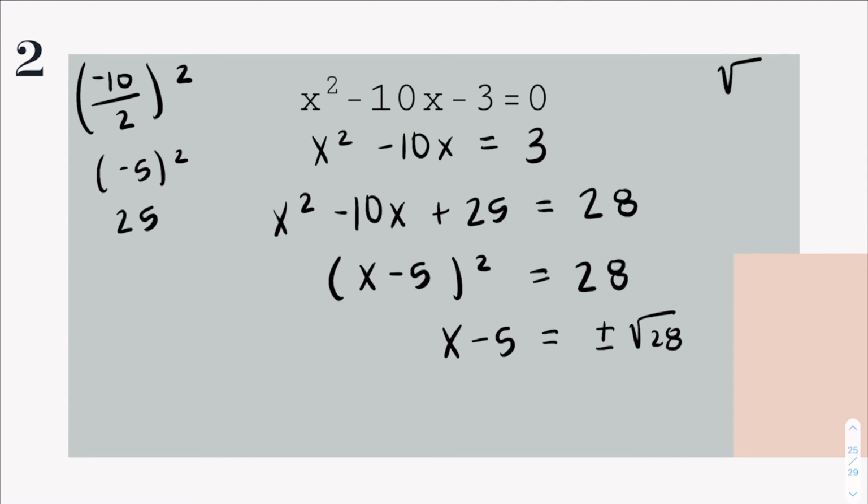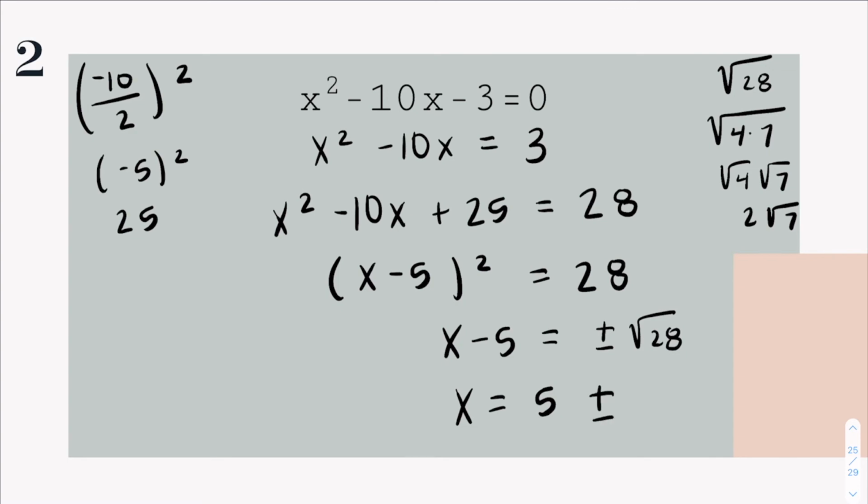The square root of 28, square root of 4 times 7, which is 2 root 7. And we also can add 5 to both sides. So those are our irrational solutions here.